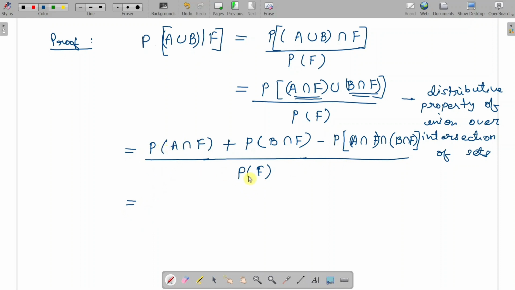Alright, so this will be equal to what? Now we can divide this denominator for all the three terms.